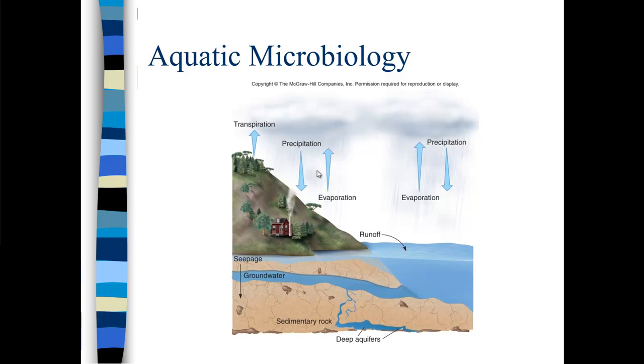Okay, so from trees, we have transpiration, then we have precipitation, which delivers water down from the air. Then you have evaporation over oceans or over different aquifers, and you have evaporation and precipitation. And then you finally have runoff and then seepage of surface water into groundwater.